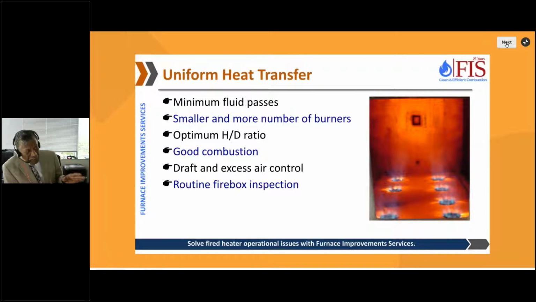So the last three are operating. The first three are basically the design, and the last three I can say is by operating. So these are the two ways of achieving good design, good operation for uniform heat transfer, which is what we want to achieve.